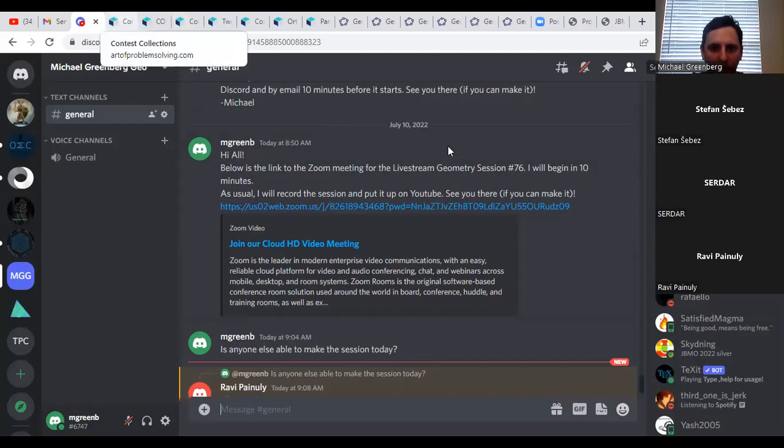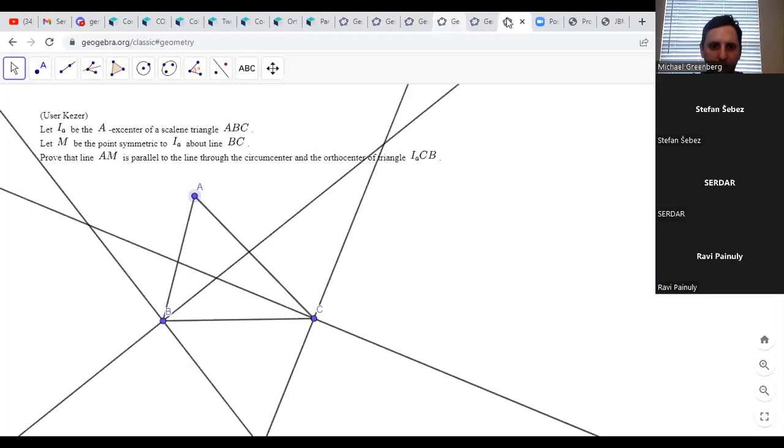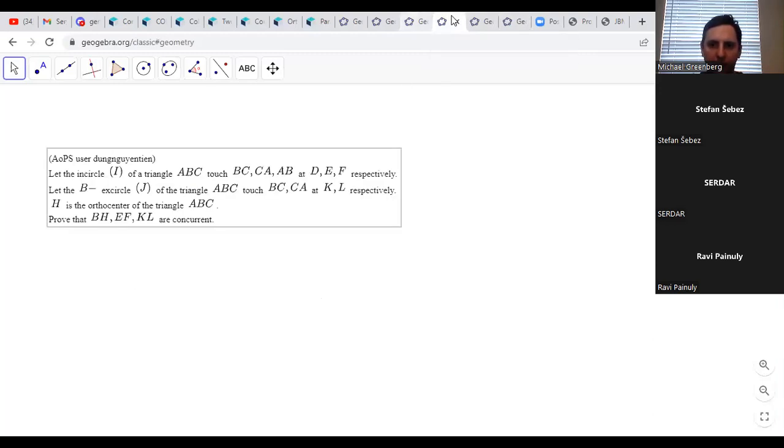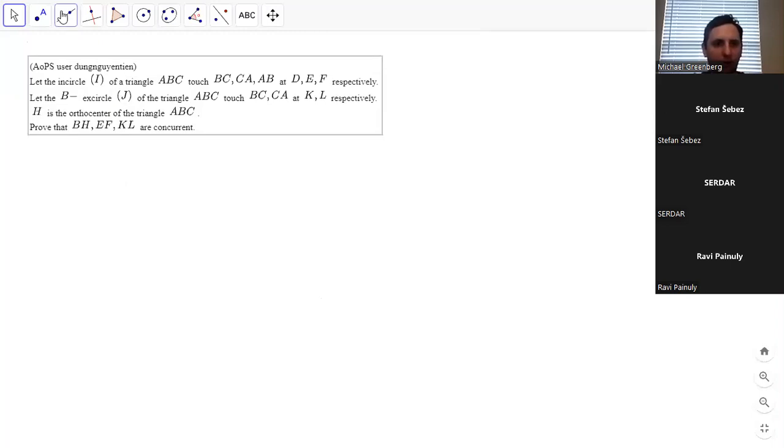All right. So in the meantime, let's try another problem. Okay, so you said you did this one before. We could try this one. Okay, so this one has an X circle and an orthocenter.